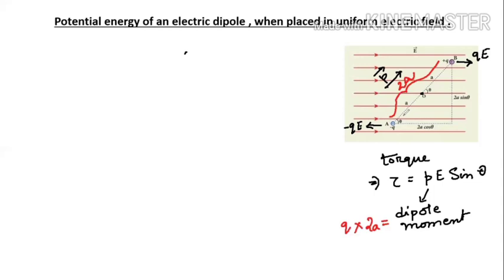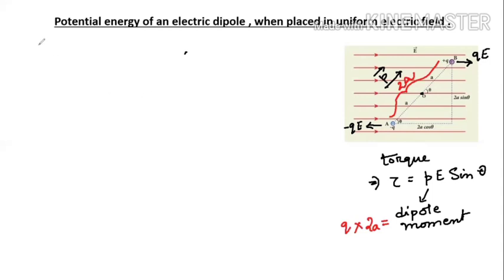So we are going to find the work done with respect to rotational motion, which will provide potential energy to this electric dipole. Step by step, we are going to find it out.